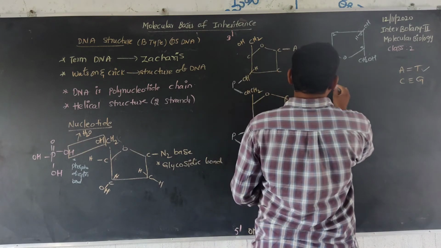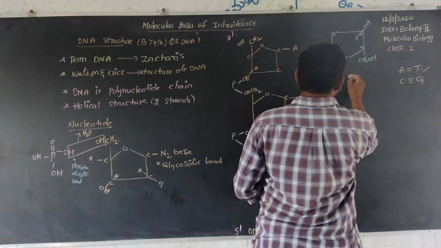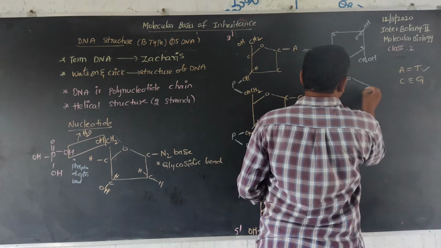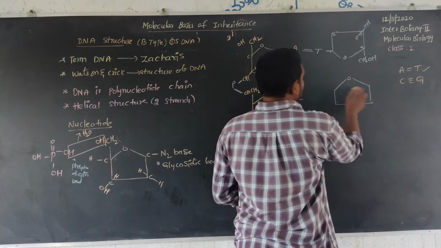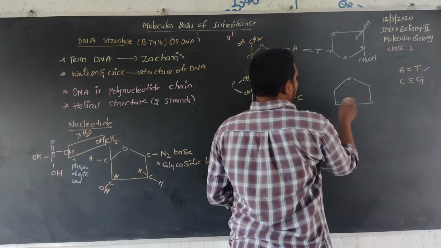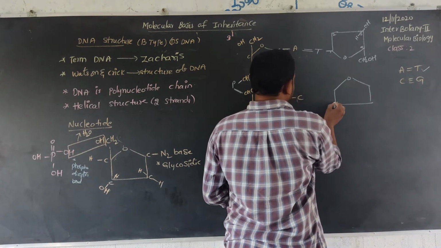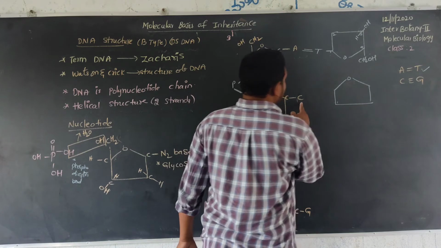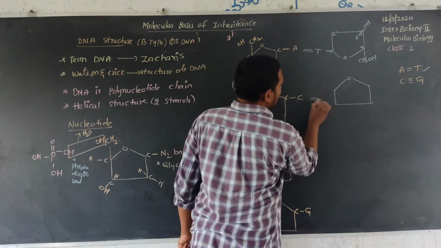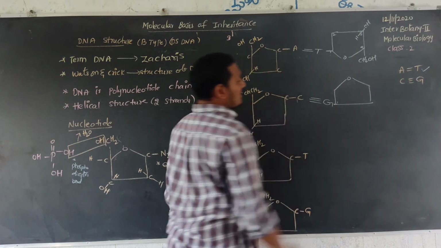Next, another nucleotide. So this is carbon number 1, carbon number 2, carbon number 3, carbon number 4, carbon number 5. Carbon number 1 attaches with the opposite nucleotide, that is cytosine binds with guanine by a triple bond. This is guanine.